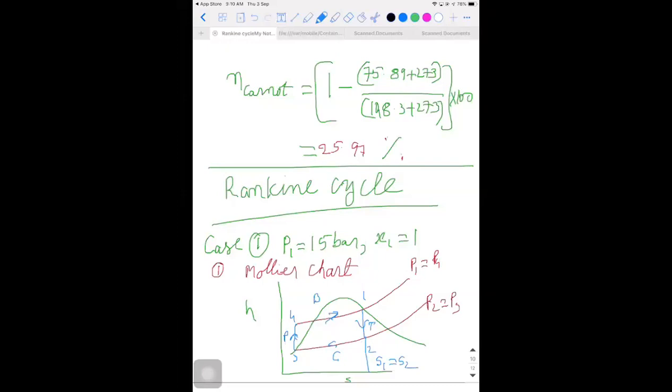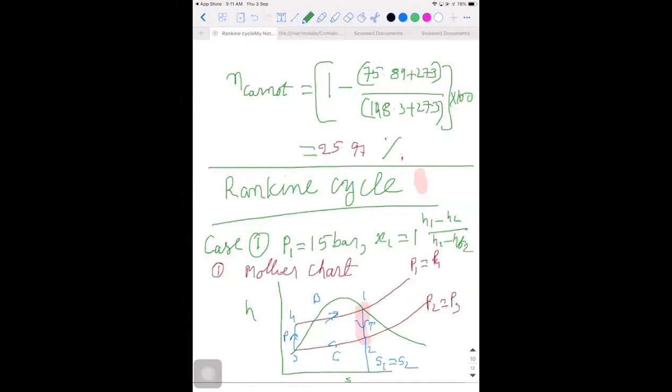Even though we have 4 points 1, 2, 3, 4 on this Mollier diagram, we are going to draw only these two lines in our regular practice, because our formula has H1 minus H2 divided by H1 minus HF2.